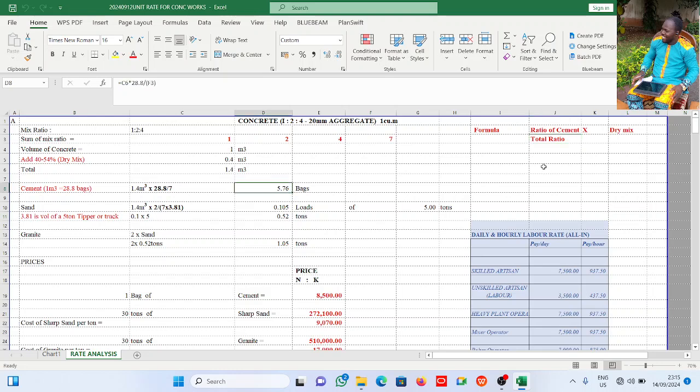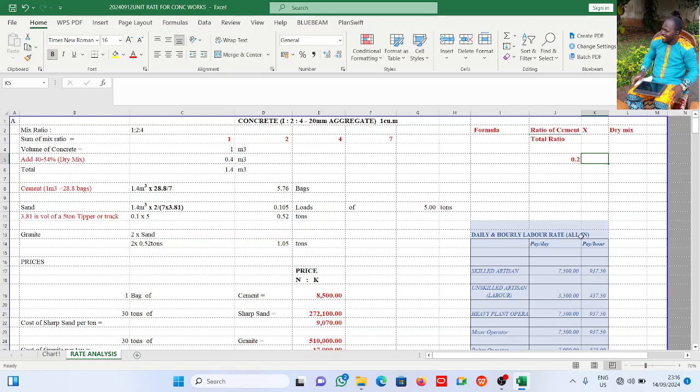Now let me apply this quickly. The ratio of cement is 1, the total ratio is 7, times the dry mix volume, which is 1.4. Now in 1 cubic meter of cement, we have 28.8 bags.